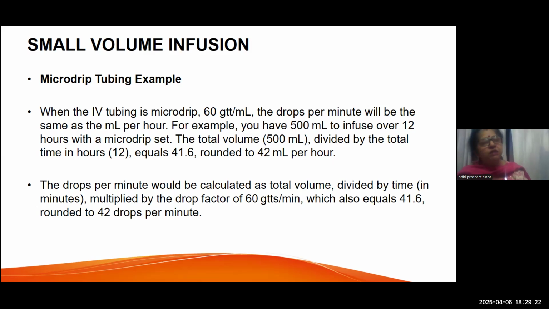Something less than 0.5, we just take the number before. So here 41.6 becomes 42. We'll administer 42 ml per hour. The drops per minute is calculated as the total volume divided by the time in minutes, multiplied by the drop factor of 60, which again equals 42 drops per minute.